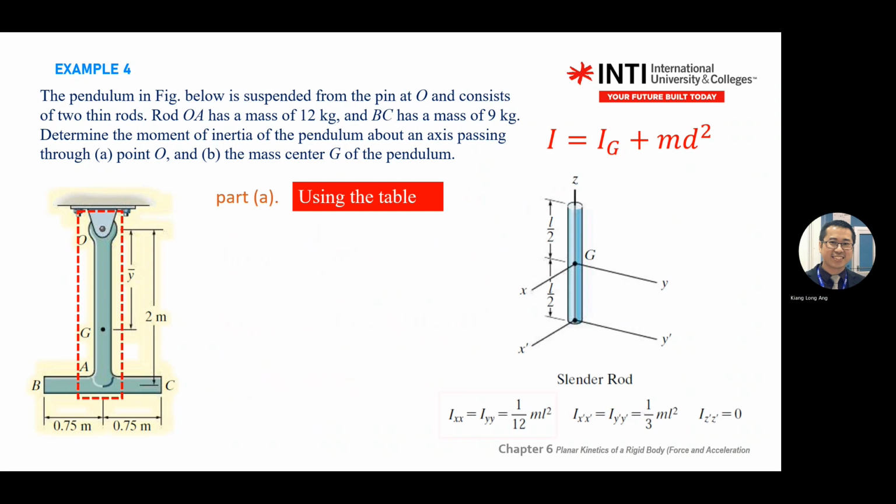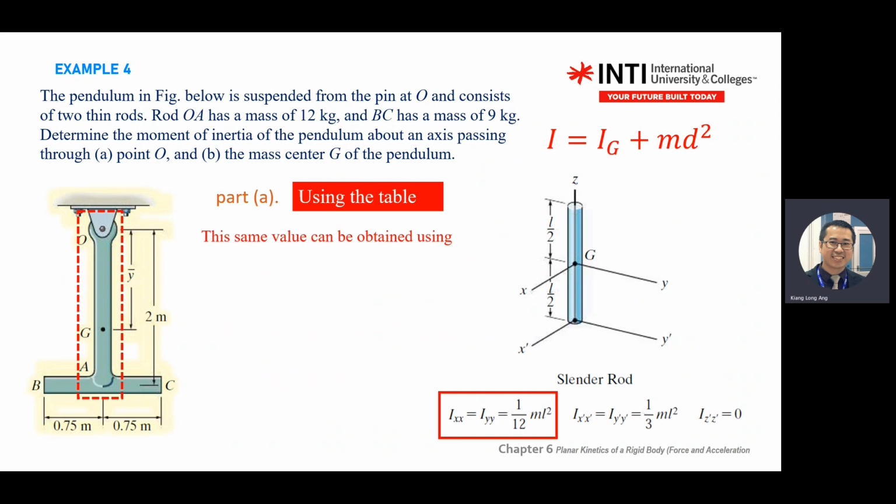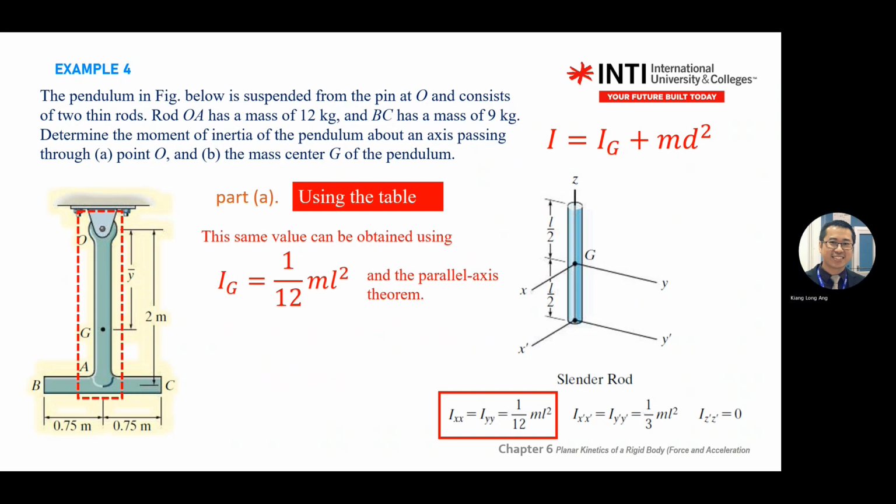Then you can get the same value if you change to point G. If you are referring to the G point and use XX, YY, then you are actually getting the IG value, and you need to calculate your MD squared.